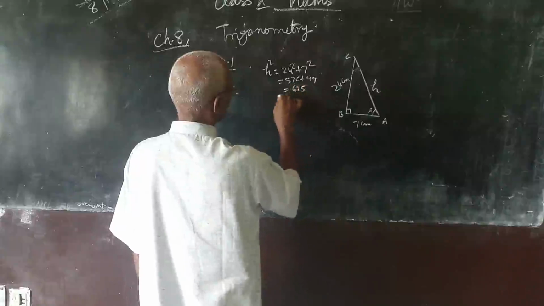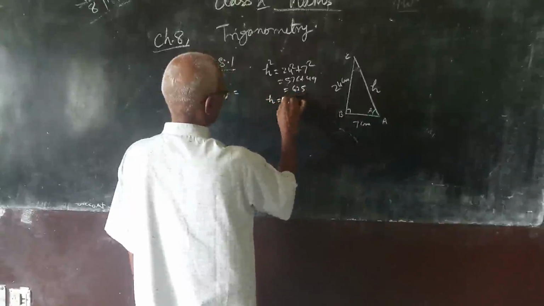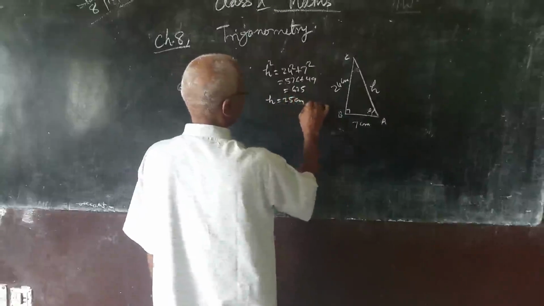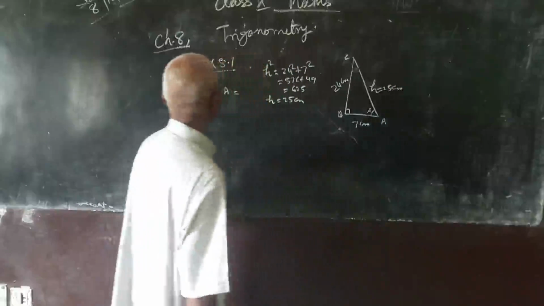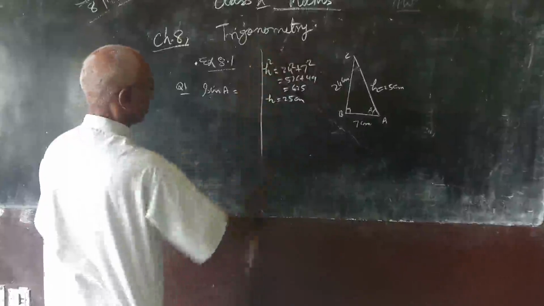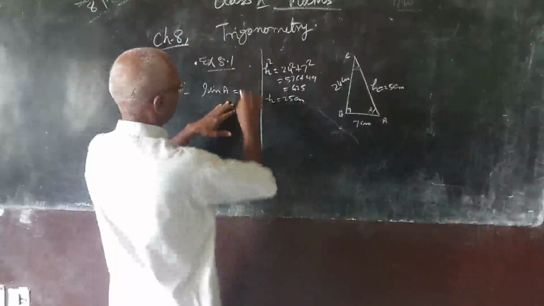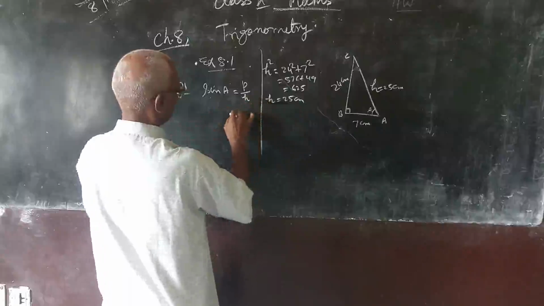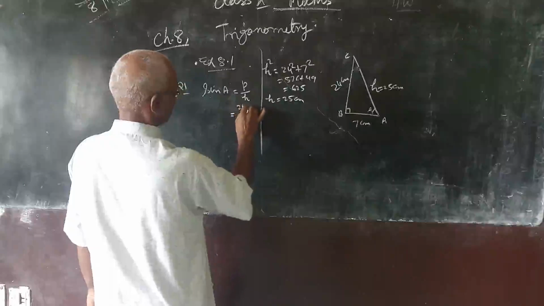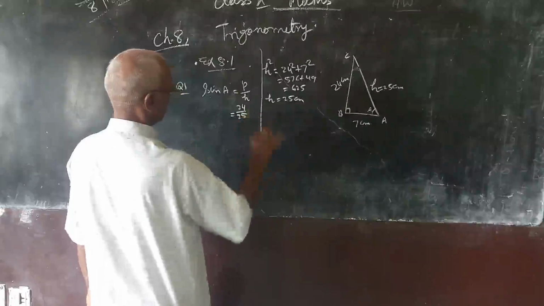Becomes 625. Therefore, square root of this is 25 cm. Therefore, sin A will be perpendicular upon hypotenuse, which is 24 upon 25.